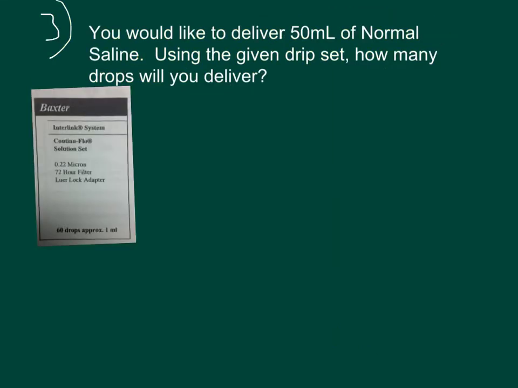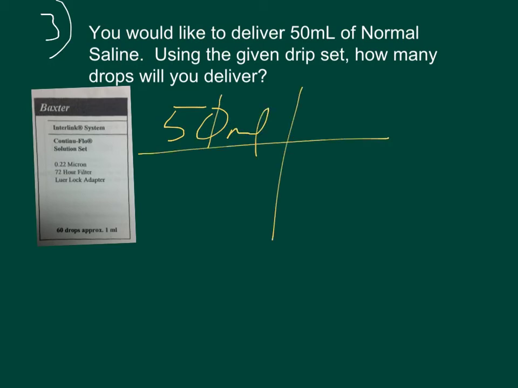Alright, last one of this type. You would like to deliver 50 milliliters of normal saline. Using the given drip set, how many drops will you deliver? Now let's set it up as we go. You would like to deliver 50 milliliters using the given drip set of 60 drops in 1 milliliter.